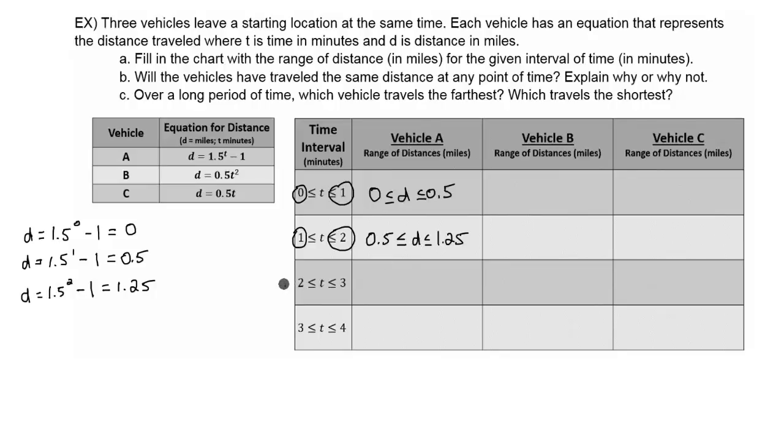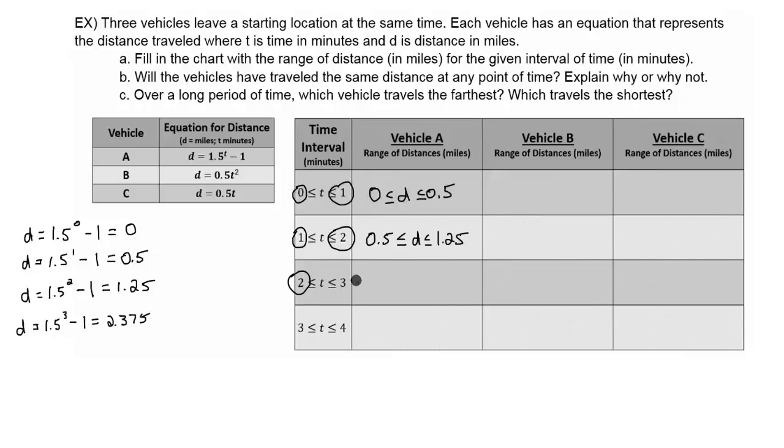Okay, now to the next time interval. We know what the distance is after we travel 2 minutes. So now we want to figure out what the distance is when we travel 3 minutes. So we plug in 3 for t, subtract 1 there, and this is going to be 2.375, and that's going to be in miles as well.